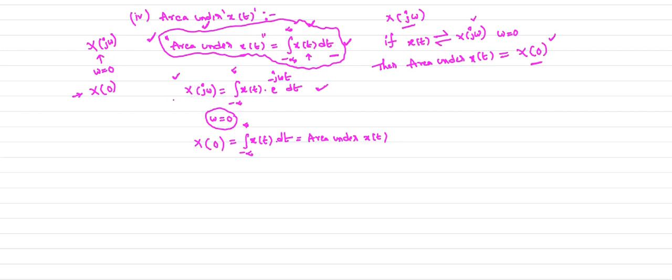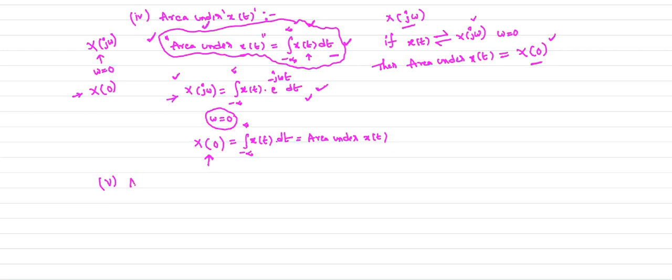I just put omega equal to 0 on both sides of the equation, so that I get the area under x of t, which is equal to capital X of j omega at 0, which is capital X of 0. That is the formula used to calculate the area under your time domain signal. Now the next property, area under x of t is over.